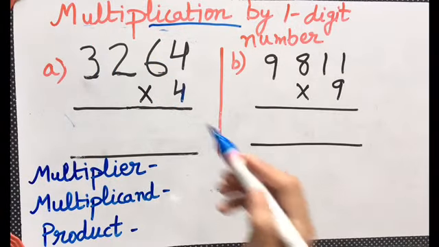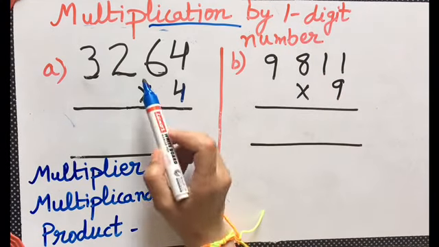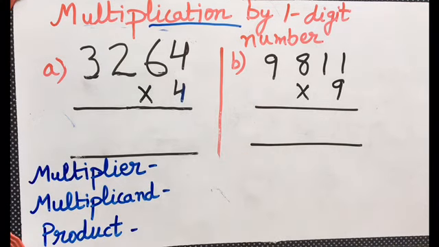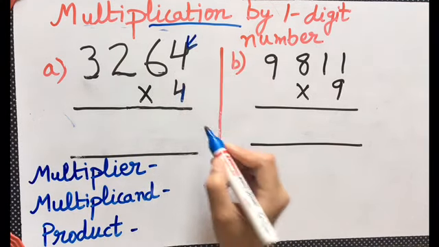Hello students, today our next topic is multiplication by one digit number. Let us take an example, 3264 multiplied by 4. Now, from where we are going to start? From the ones place.